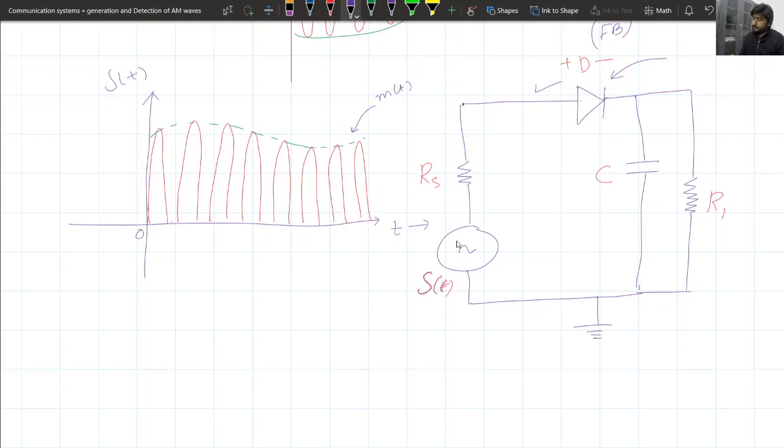Now see here, in mode 1, when the diode is on or in the forward bias mode, what will happen? This capacitor, which is initially uncharged, will start charging.